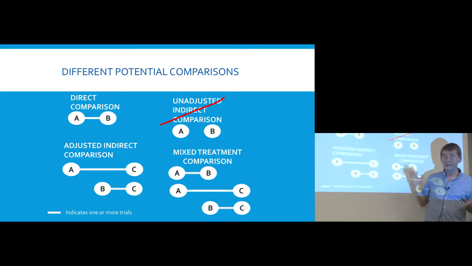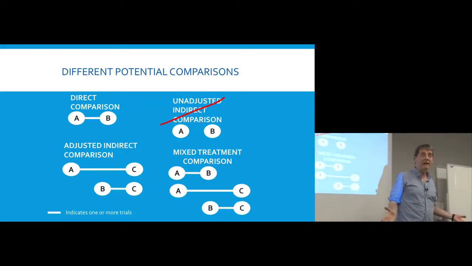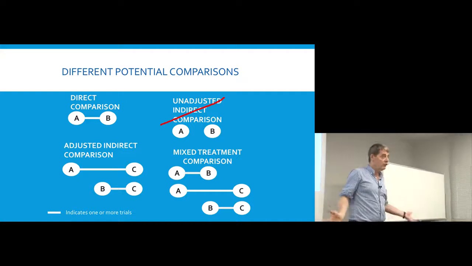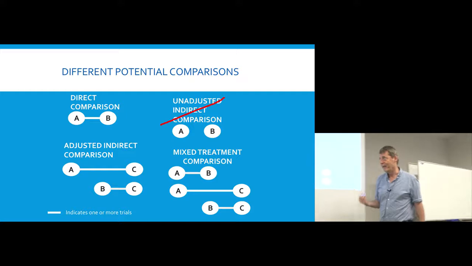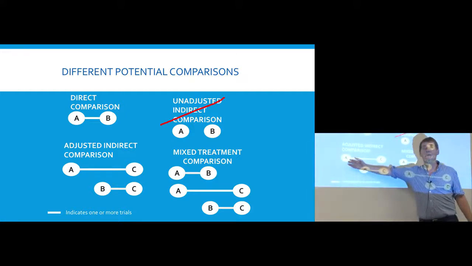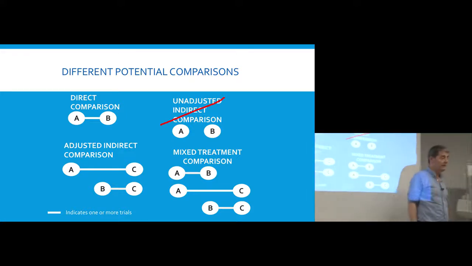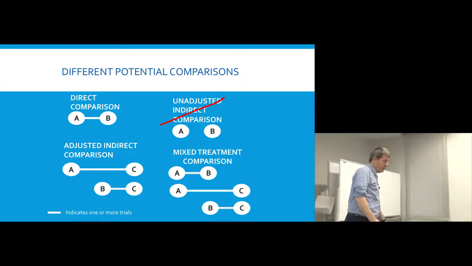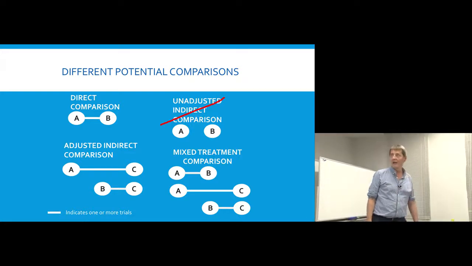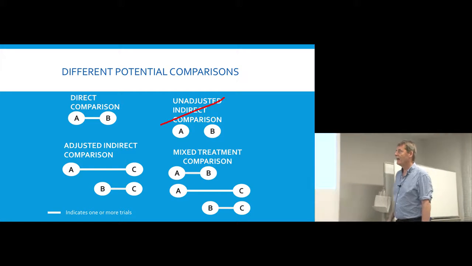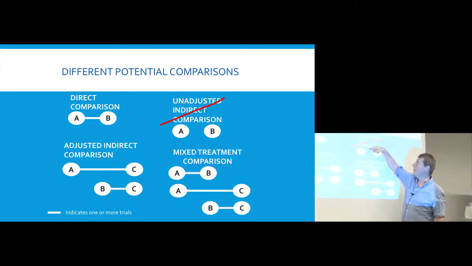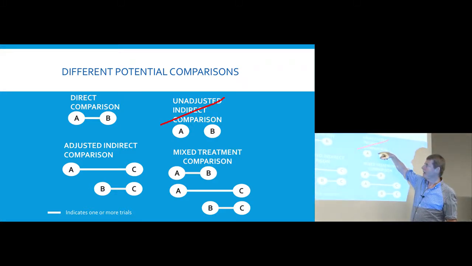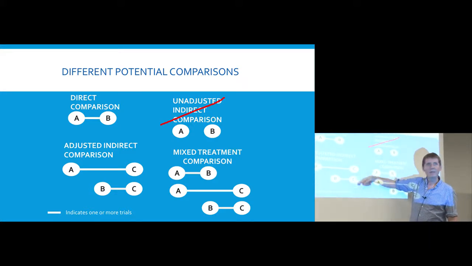So in this case we're not interested in C. We're not thinking about whether we should use C. We're simply using it because the available data gives us a comparison between A and C and B and C. And this is what's called an adjusted indirect comparison. Compared to the unadjusted, the adjustment is they have a common C arm.